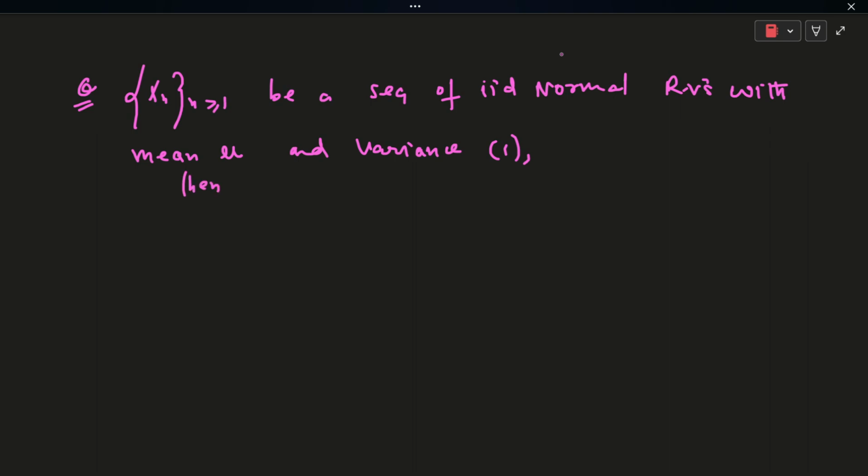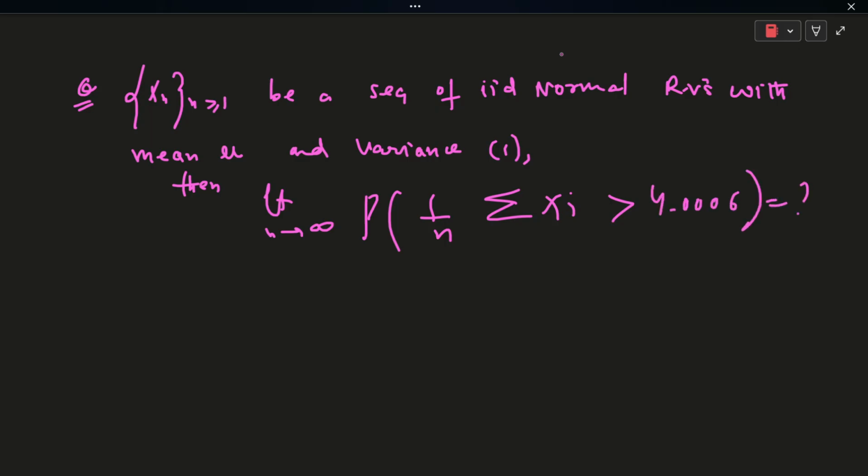Then limit n tending to infinity, probability 1 upon n summation Xi is greater than 4.0006.